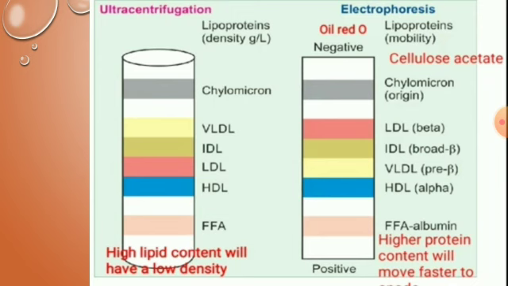Lipoproteins having high protein content will move faster. In this diagrammatic representation, chylomicron, LDL, IDL, VLDL, HDL and free fatty acid albumin are seen.